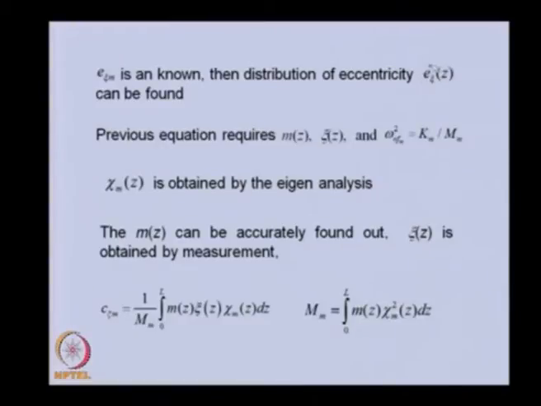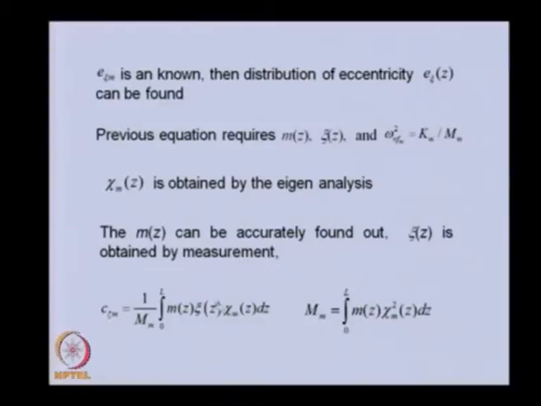This distribution will be known because we expressed the eccentricity variation in terms of the eigenfunction and these constants earlier. For calculating the C, we require these terms. The distribution of mass per unit length of the shaft we can measure, or obtain from the geometry and the mass properties of the shaft.